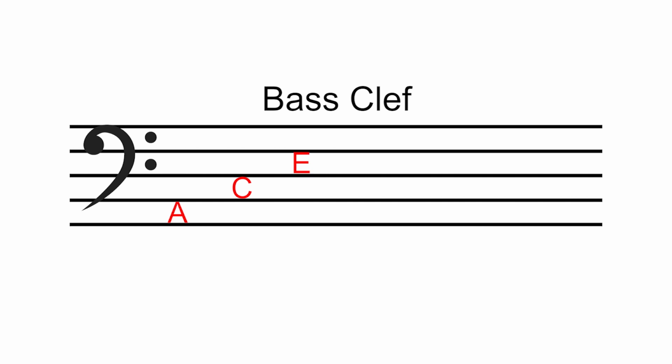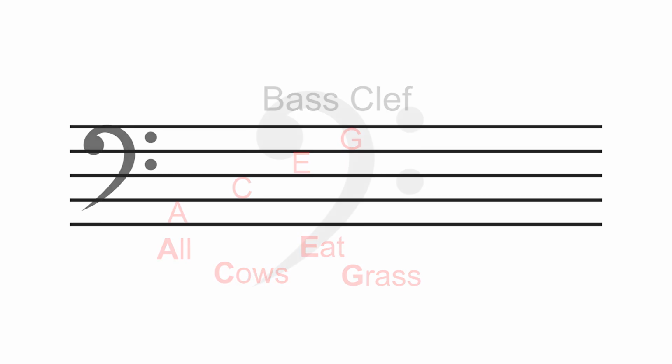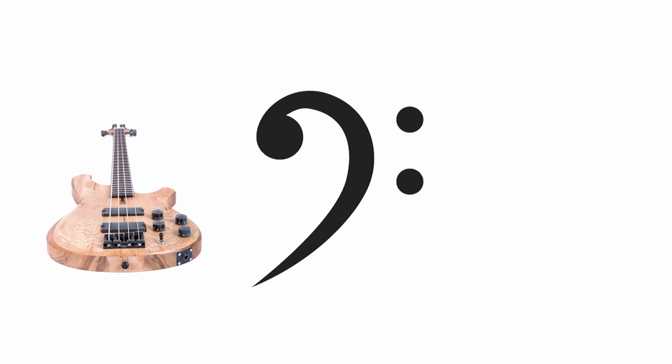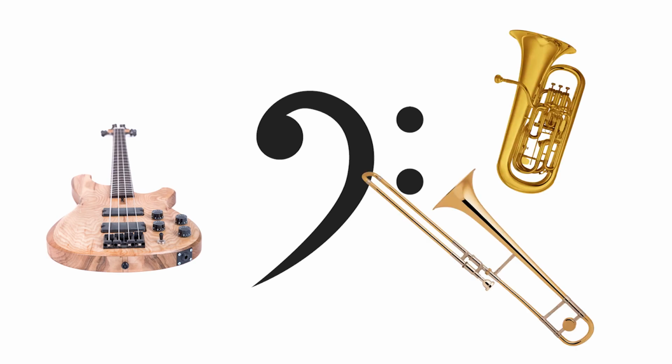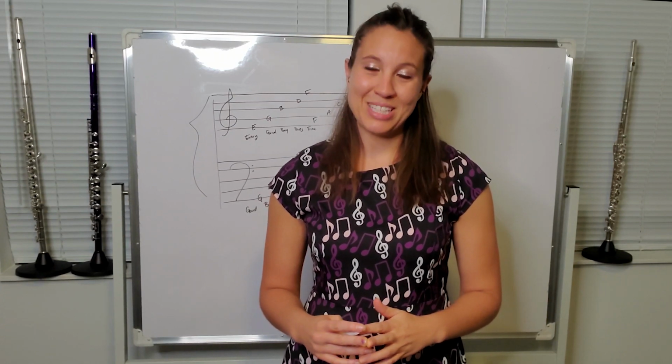A, C, E, G. How did you know? All cows eat grass. What are some instruments that read the bass clef? Bass guitar, tuba, trombone. If you are unsure about an instrument, feel free to ask in the comments.